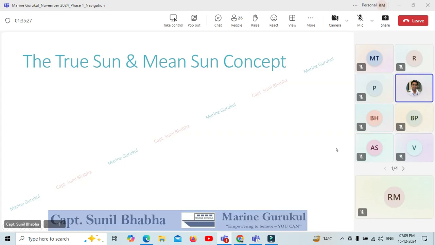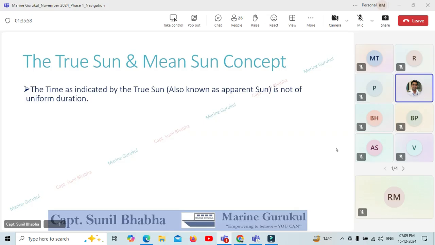We have seen time being referred to as mean time or apparent time or sidereal time. We will see in this presentation what we mean by these three different types of time. Also, we have seen the sun being referred to as two different types, true sun or the apparent sun and the mean sun. So we are going to understand what these two different types of suns are.